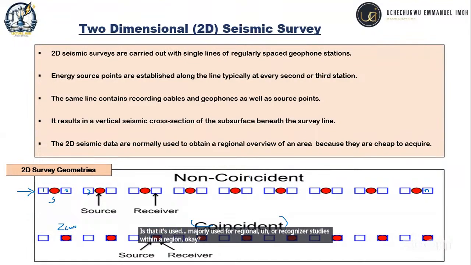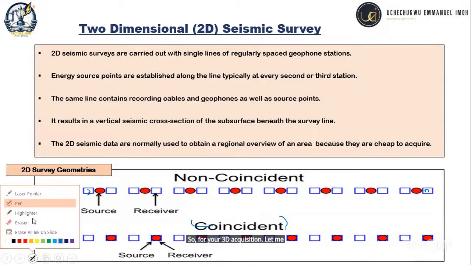It's usually cheaper to acquire. So for your 3D acquisition, let me get the red pen.